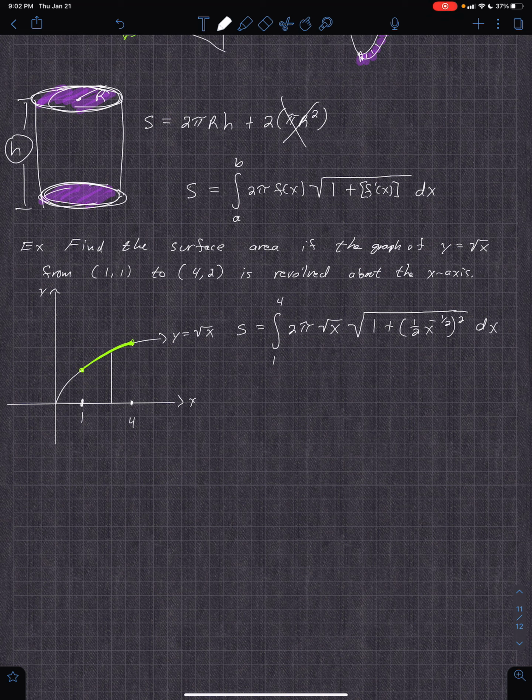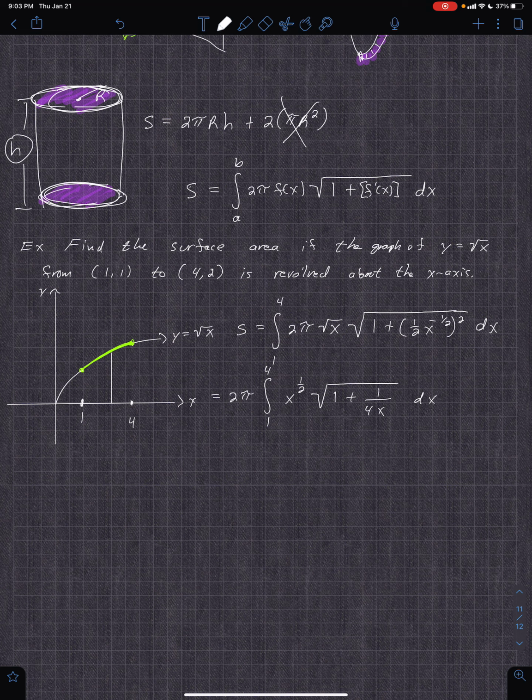So let's simplify that. Let's factor out the 2 pi, integral 1 to 4, and then that's just x to the 1/2 times the square root of 1 plus, and when you square that, you get just 1 over 4x, dx.